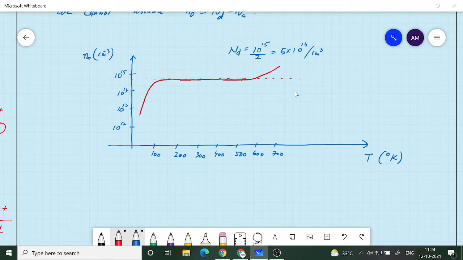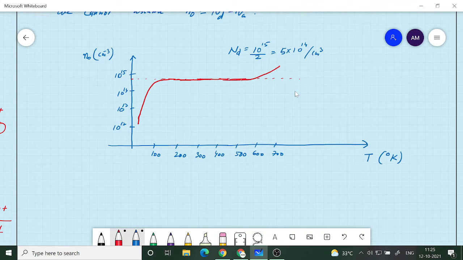Why is this? Because the states in the donor level will get occupied. They will not be excited to go to the conduction band, they will not be vacant. The empty states will be filled, and then no electron will go to the conduction band at 0 degrees Kelvin.